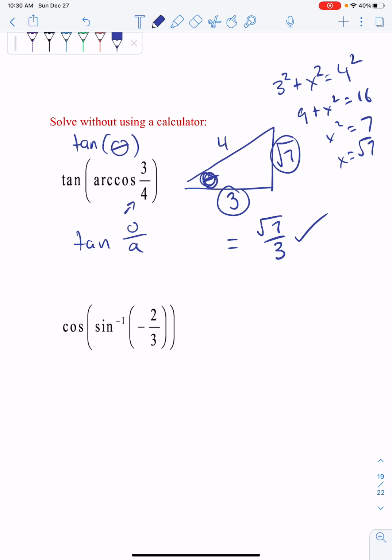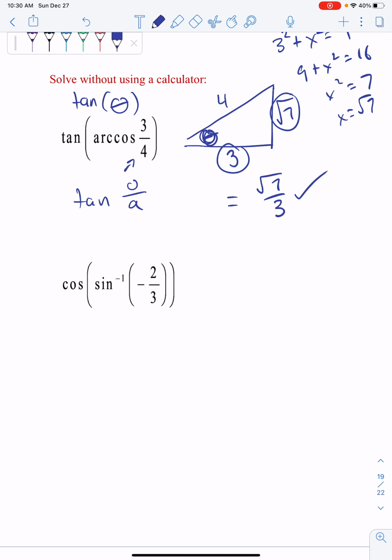On this second one, we don't know what the angle is, but it wants me to take the cosine of the inverse sine of negative 2/3. Now, a lot of people panic when they see a negative on the inside, because how do you draw a triangle with a negative side? Well, really it doesn't matter because it's going to go away when we use the Pythagorean theorem.